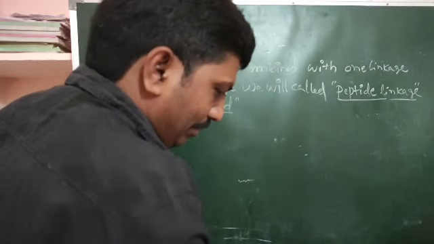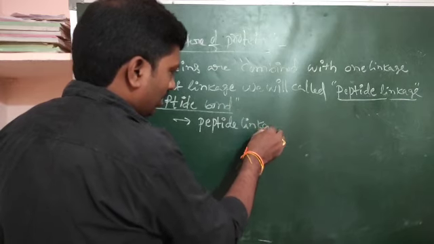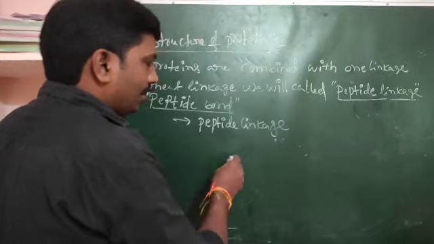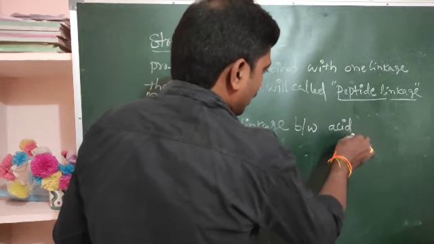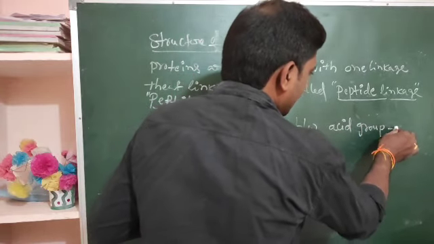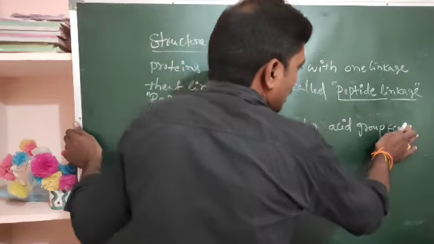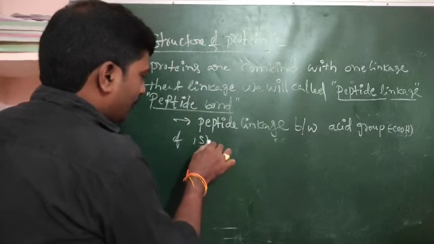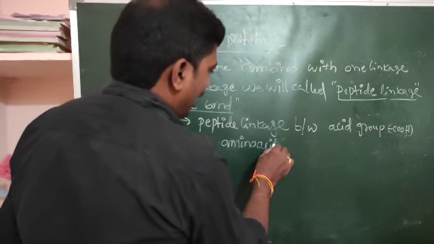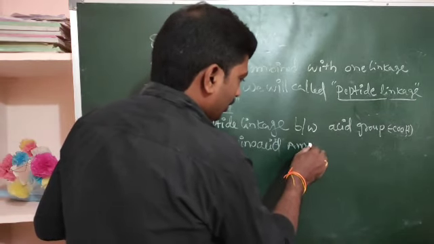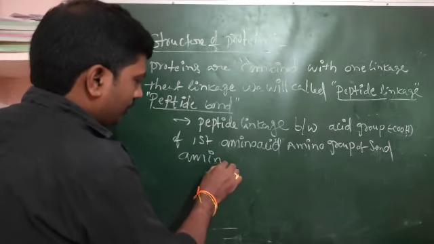How are they combined? The peptide linkage is between the carboxylic acid group, that is COOH, of the first amino acid and the amino group of the second amino acid.